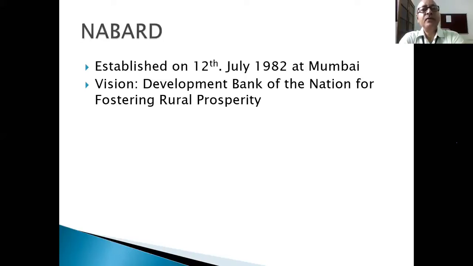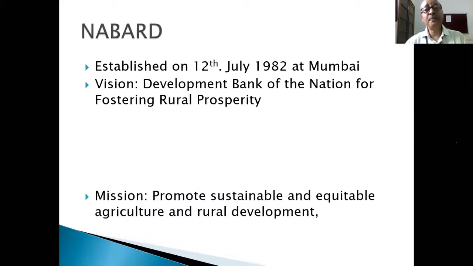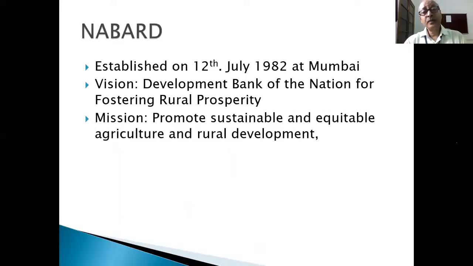The vision of NABARD is to become the developmental bank of the nation for fostering rural prosperity. So NABARD is committed to rural prosperity. I mean, everybody should be prosperous in rural areas. And the mission is to promote sustainable and equitable agriculture and rural development.